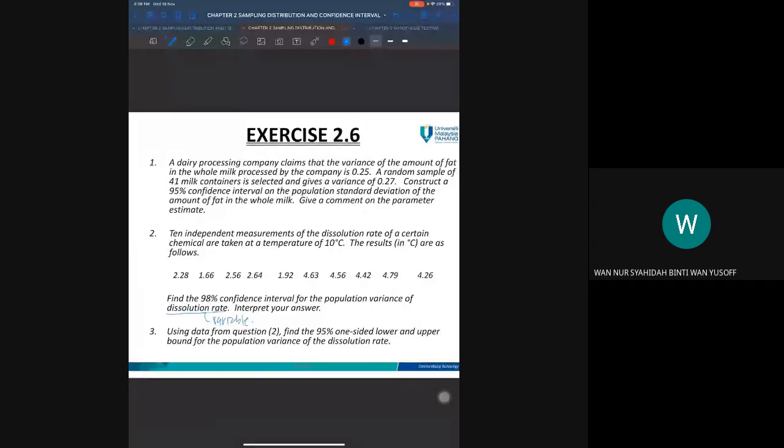We have 10 independent measurements of the dissolution rate of a certain chemical. So 10 here is a sample, because this is not all of the chemical. So, sample. Let's modify this question.